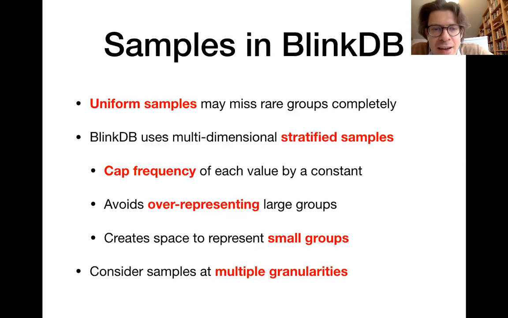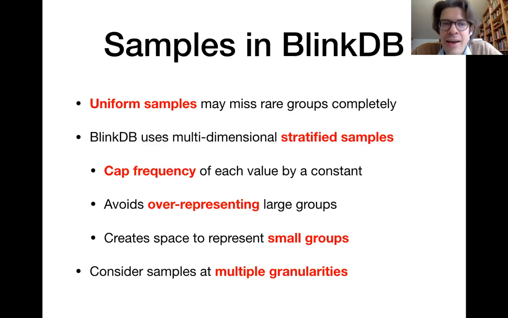So this is why here we are using something called stratified sampling, which essentially means that we avoid over-representing common groups in the sample. So we essentially cap the frequency at which rows with certain values in certain columns can appear in our sample. And that avoids that we over-represent large groups in our sample, and thereby creates space to represent the smaller groups.